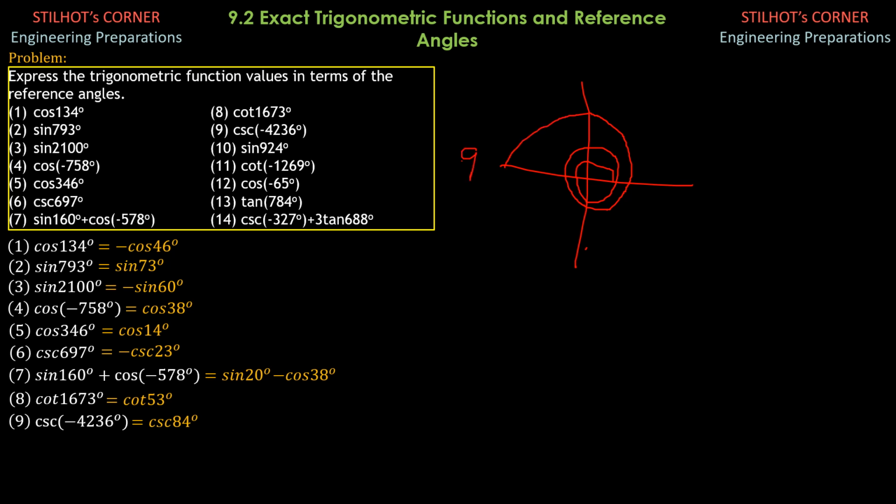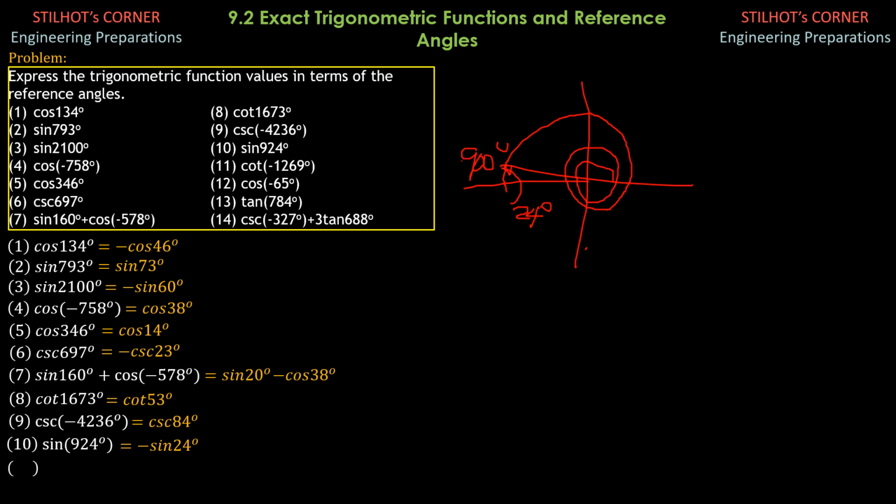So 900 here. Then we add 24. So it terminates in the third quadrant. That's 24 degrees, the reference angle. Sine is negative in the third quadrant because y is negative, y over r. So therefore, sine of 924 is equal to negative sine of 24 degrees.